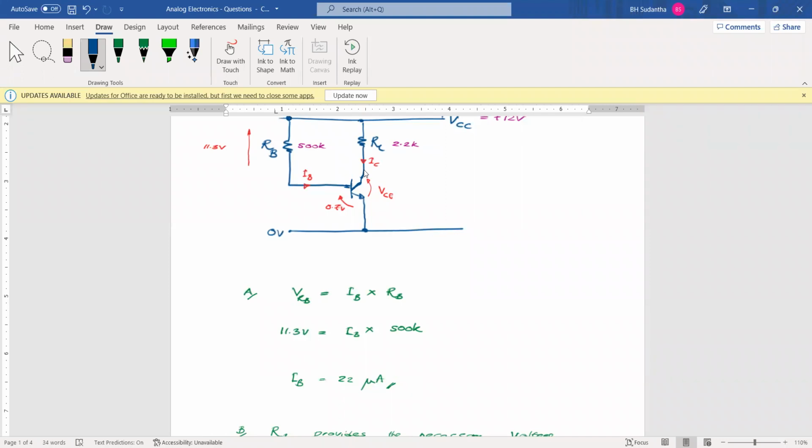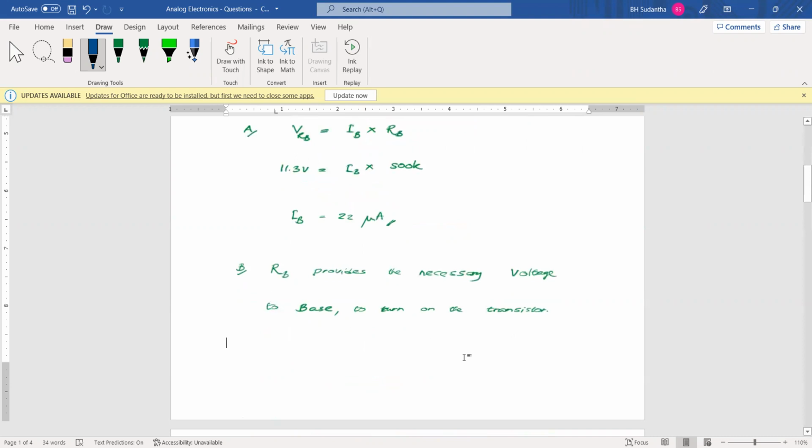Without that, we cannot turn on the transistor. That's why we say RB provides the necessary voltage to the base to turn on the transistor. Or maybe in addition to that, you can say it's providing the controlled current to the base terminal to prevent the transistor from being damaged.